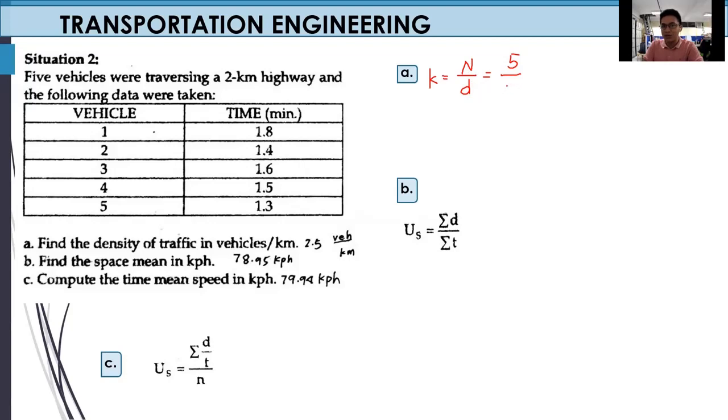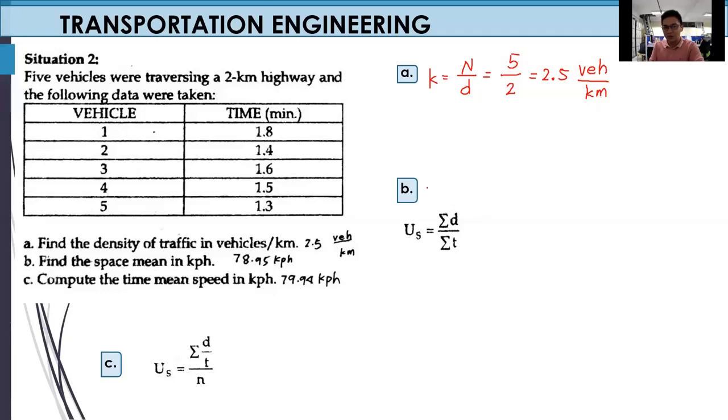So we don't need to convert this one, so therefore that is 5 divided by 2. Diba? So that would be 2.5 vehicles per kilometer. So we have 2.5 vehicles po daw in every kilometer. No? So medyo maluwag siya.